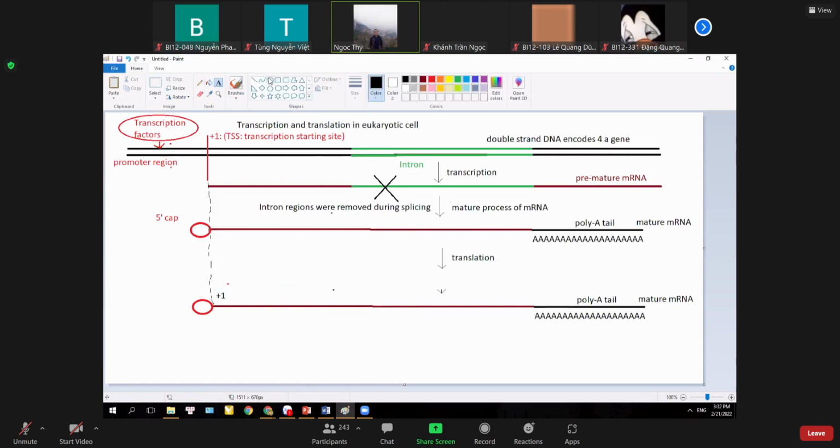As a consequence of the translation, the ribosome, these are the 2 subunits of the ribosome, will come and bind to the mRNA and start to synthesize the polypeptide. Like the transcription factor binding in the promoter region, but sliding until it reaches the transcription starting site, the ribosome will bind in here, but it will not start to synthesize the protein immediately. It will slide until it reaches the start codon. For example, this is the start codon.